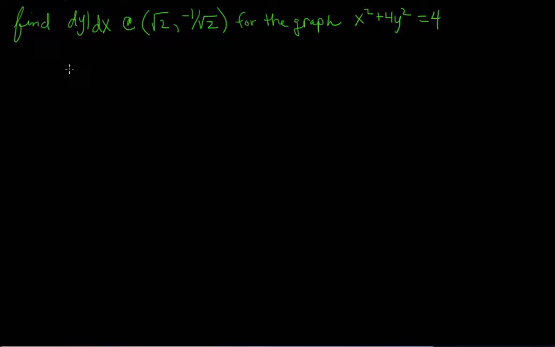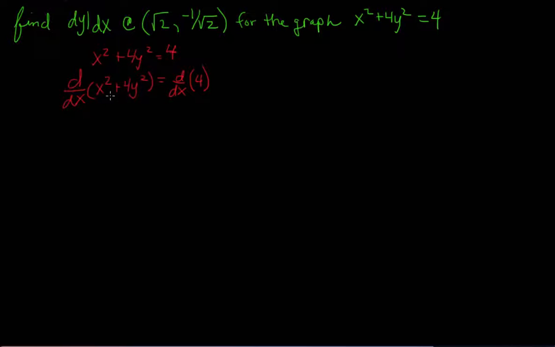If we go through the steps of implicit differentiation, here's my function, x squared plus 4y squared equals 4. The first thing we do is take the derivative with respect to x of both sides. So we get d/dx of x squared plus 4y squared equals d/dx of 4.